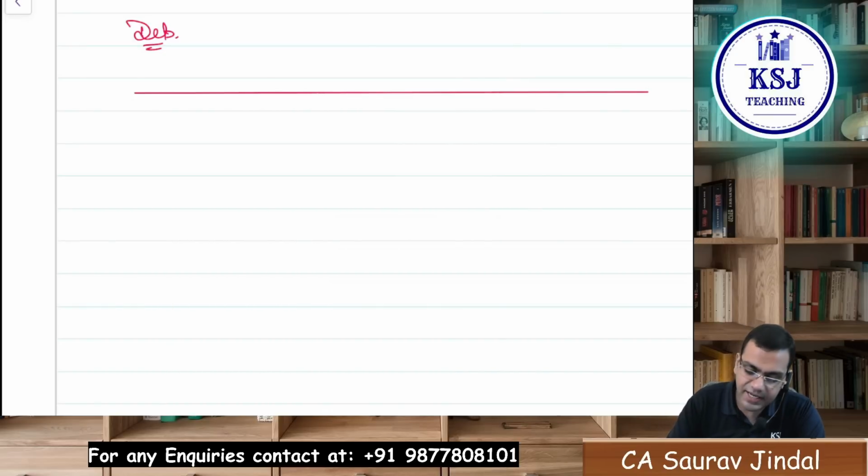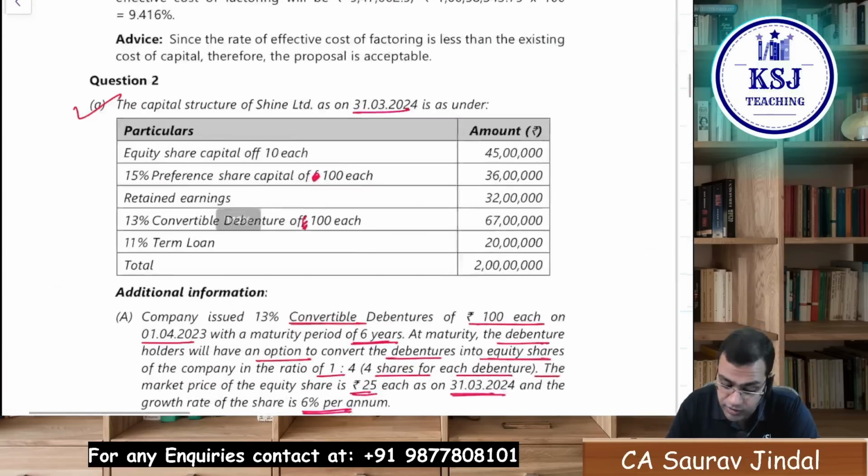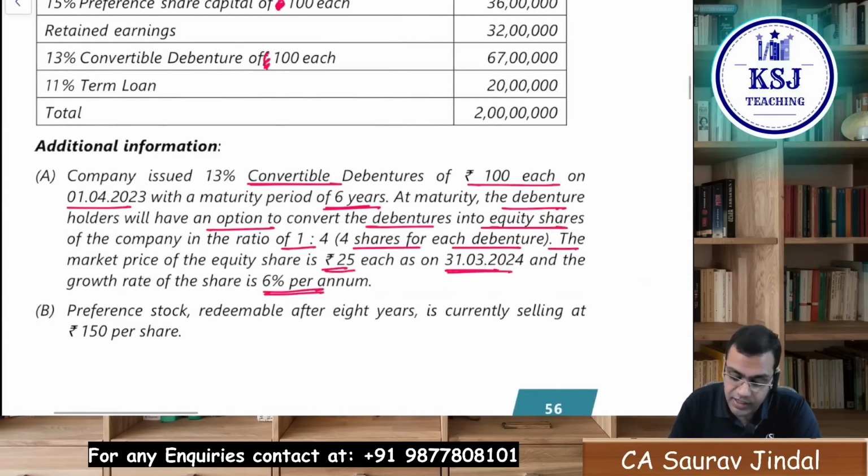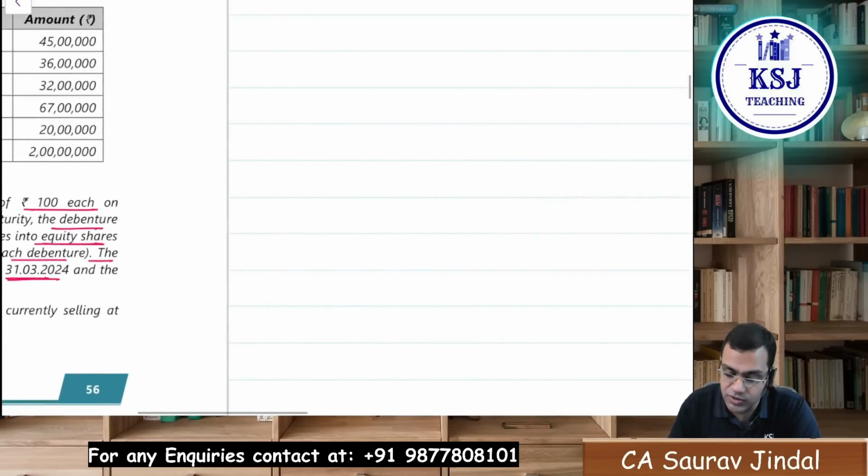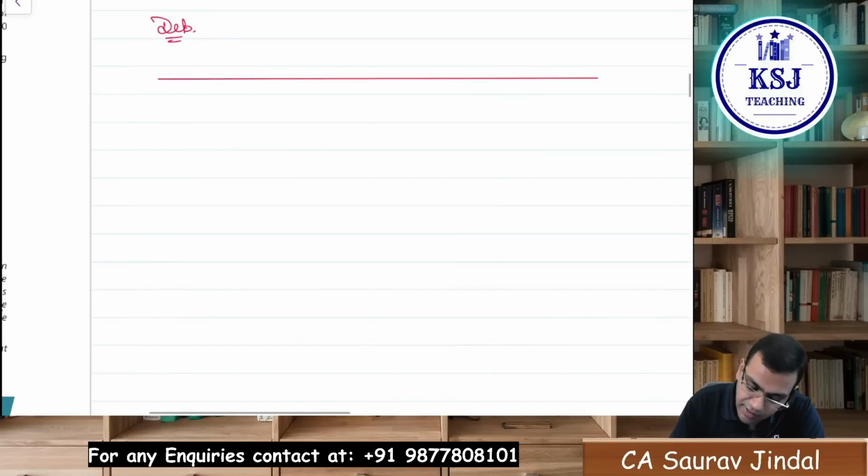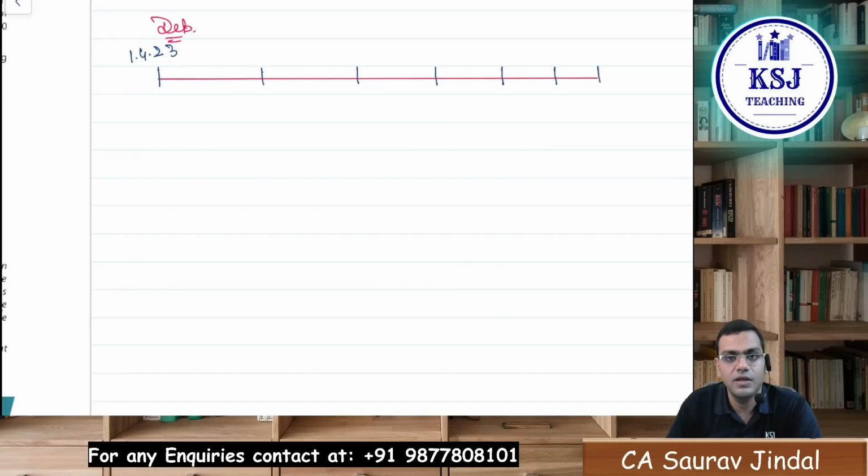Now, he says the debentures are issued. When are the debentures getting issued? The dates are going to be important. The debentures are issued on 1/4/2023. Okay, sir. The debentures are issued on 1st of April 23 for 6 years. 1, 2, 3, 4, 5 and 6 years. Right.